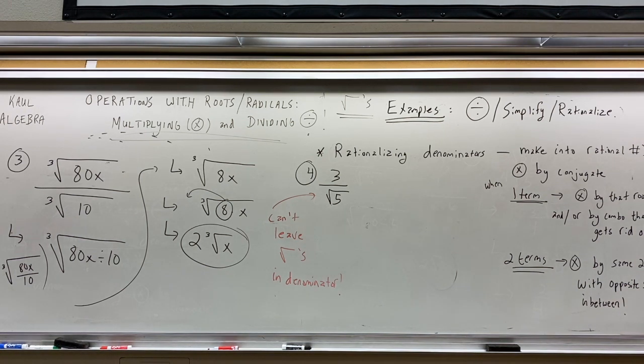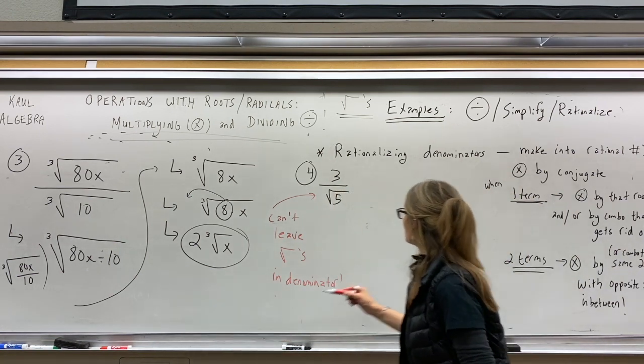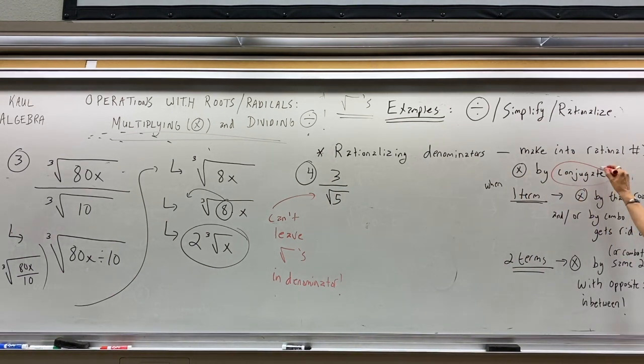I shouldn't say same two terms or a combo to get rid of your roots. Okay, so two terms and one term conjugates are a little different. So that is the main takeaway. There's a few more buried details in there, so I'm just summarizing.